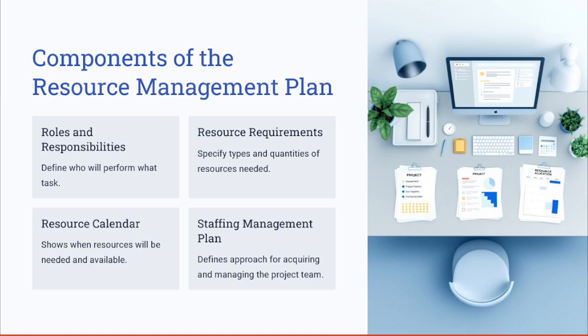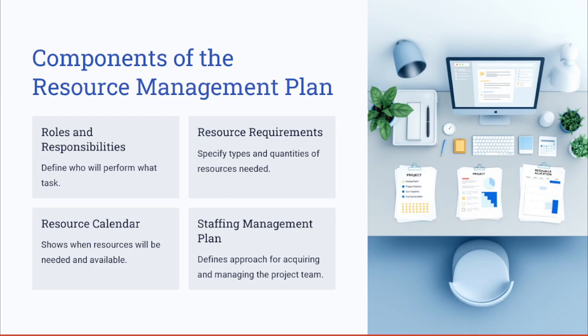The next key component is the resource requirements, which specify the types and quantities of resources, both human and non-human, needed to achieve the project objectives. Think at a task level. If you recall, when we developed our WBS, we identified activities and assigned time and cost to each of these activities. Think of adding the resources to each of these activities within the WBS.